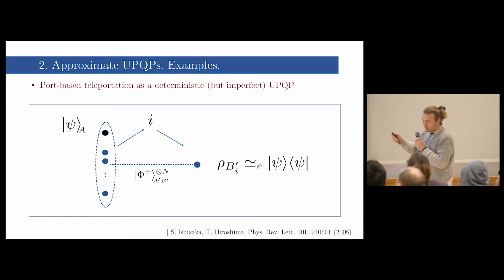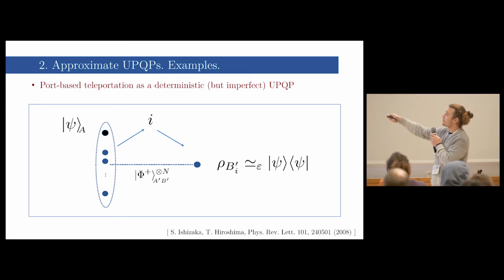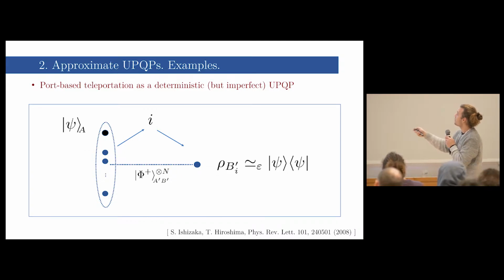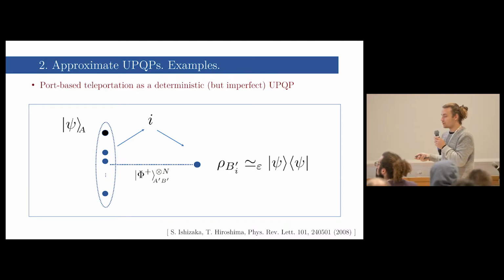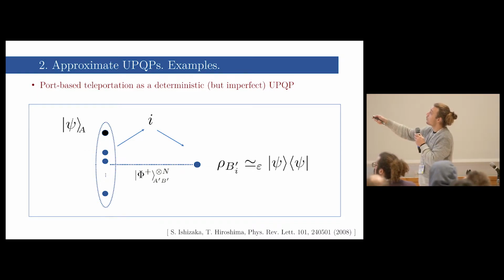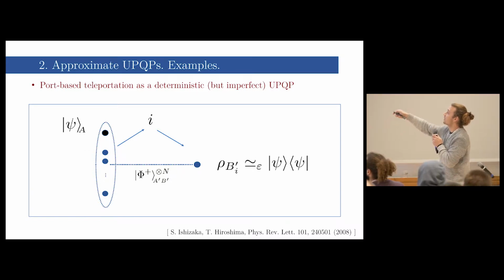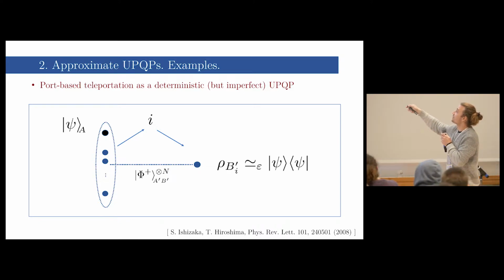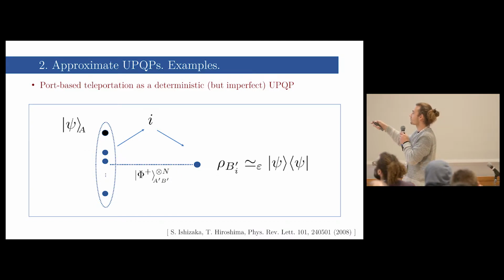Now the players share a tensor product of n maximally entangled states, and it was shown by Ishizaka and Hiroshima in 2008 that there exists some measurement on Alice's part of the system, such that the outcome tells Bob in which of the entangled states that they share he must look to find an approximation of the input state we wanted to transmit.